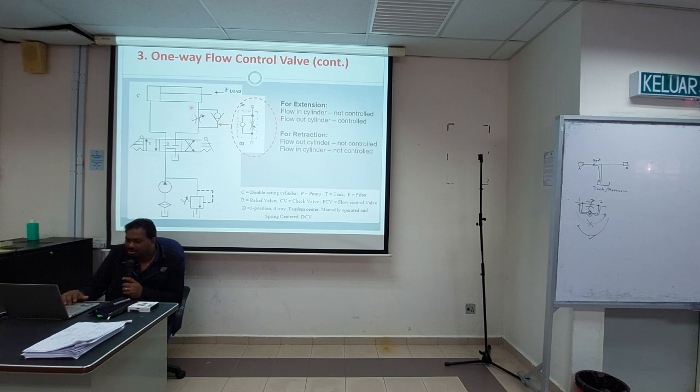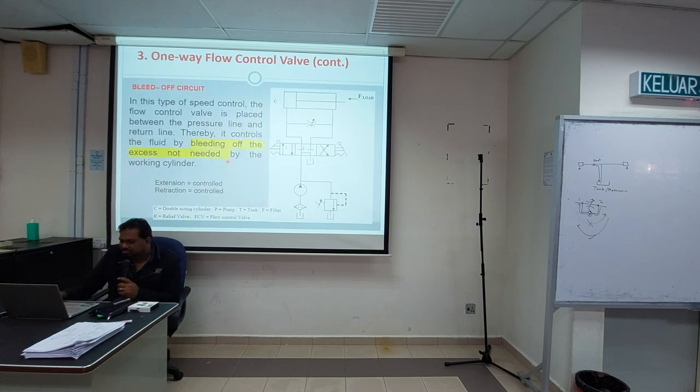Okay, so in certain types of application you can control at the exit of your cylinder. And this is your bleed off circuit. So the bleed off circuit is like this. Both sides you install with your flow control valve. So wherever it exits, it still will be restricted, and extension and also retraction are controlled, because some will go through here.